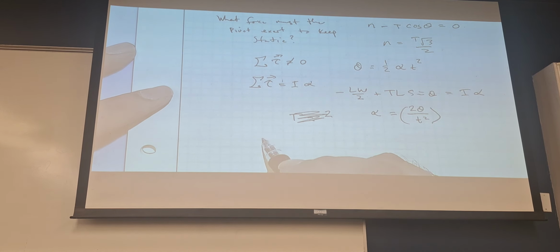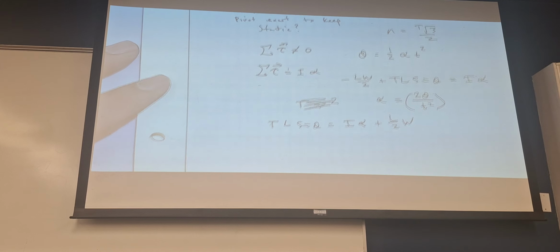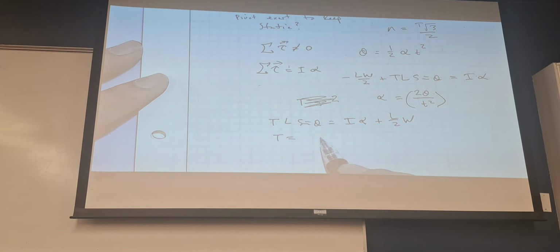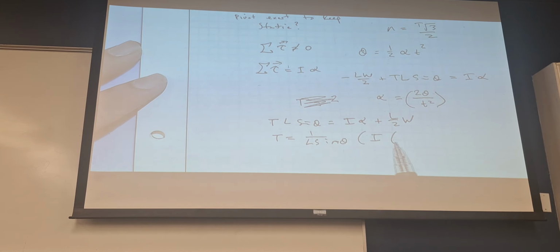So you have T L sine theta, and I plug in this here for alpha, 2 theta over t squared, plus.